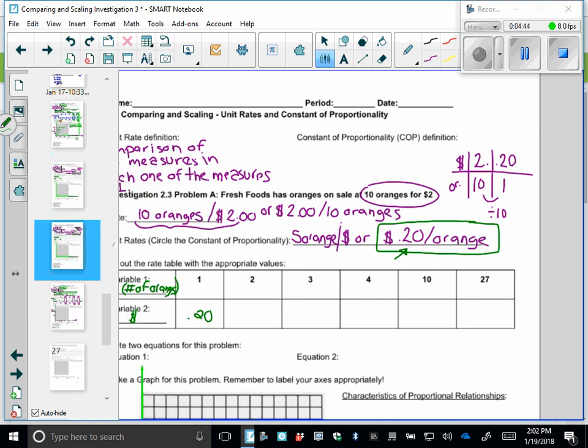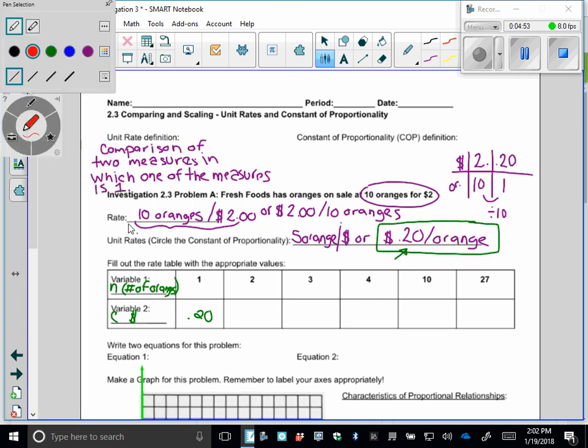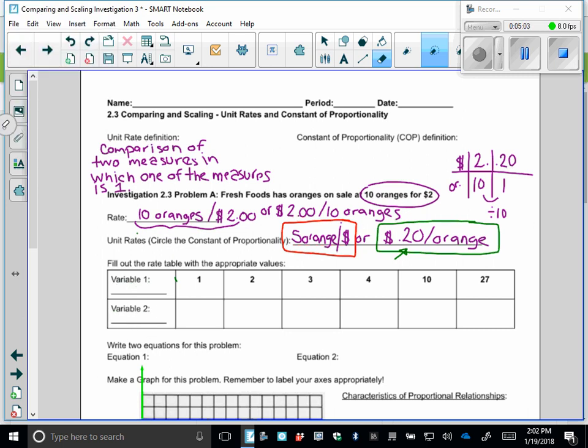So if I clone the page here, and take a different color so you can keep track of my pages, if I think of it this way, 5 oranges per dollar, if I'm going to know how many oranges I'm going to get, I need to know how much money I have. So you put the money on top. So this would be cost on top.